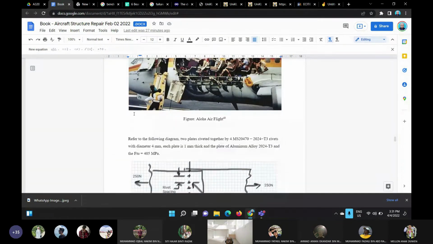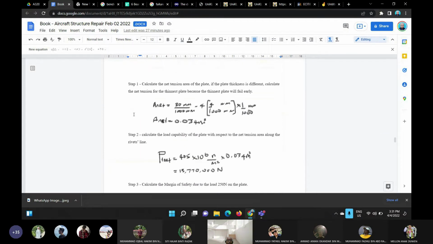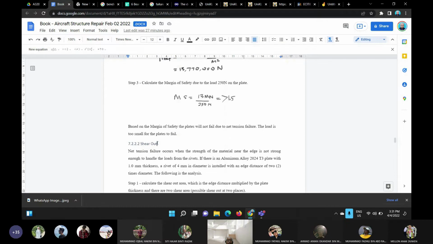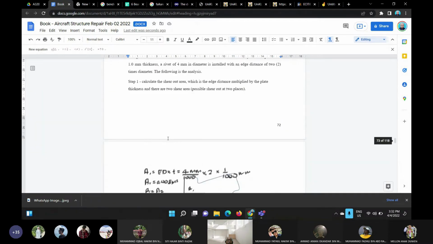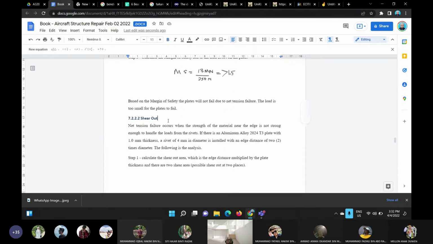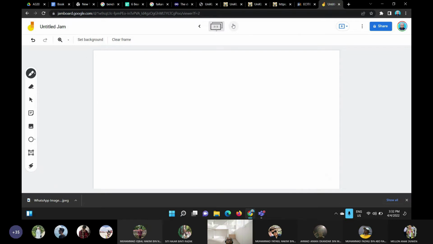The next failure would be shear out. Shear out is an important failure. If you are familiar with why we need the edge distance on the structure, I believe you have done it before in the previous structure class.